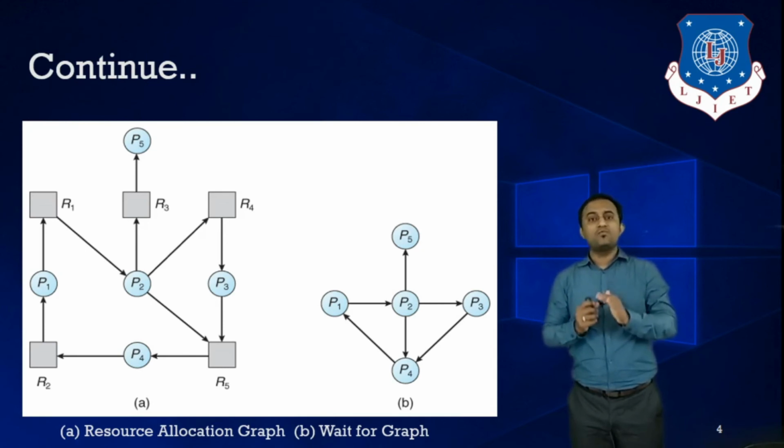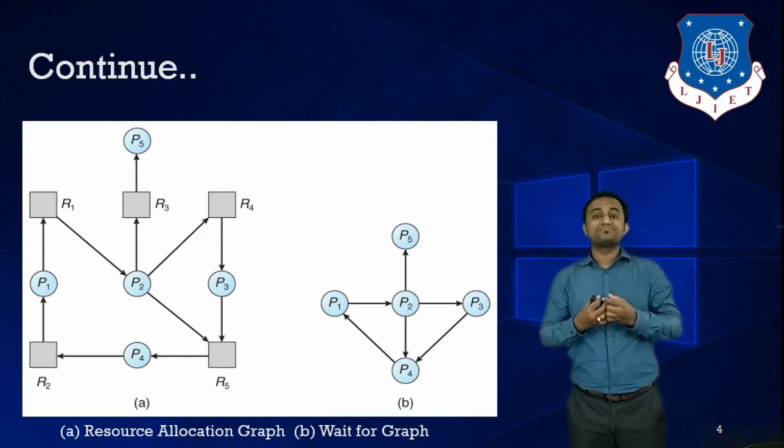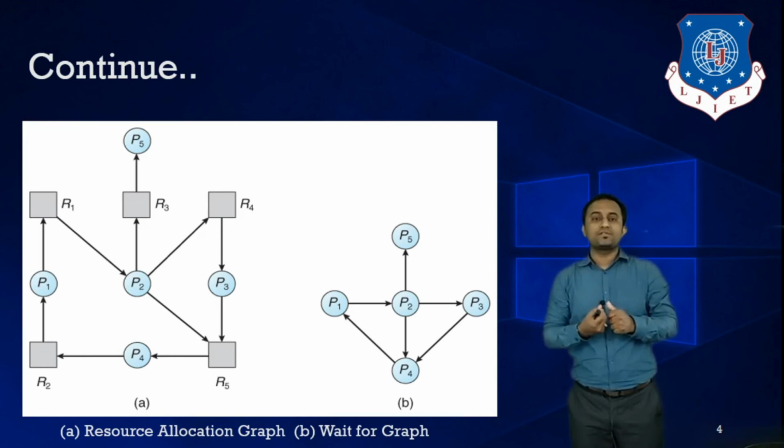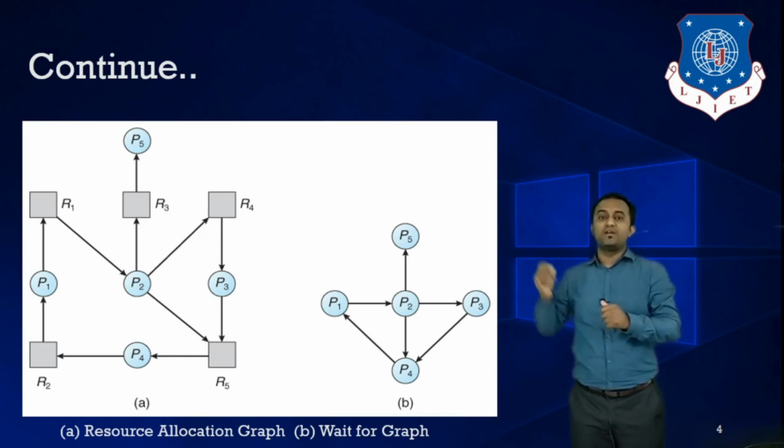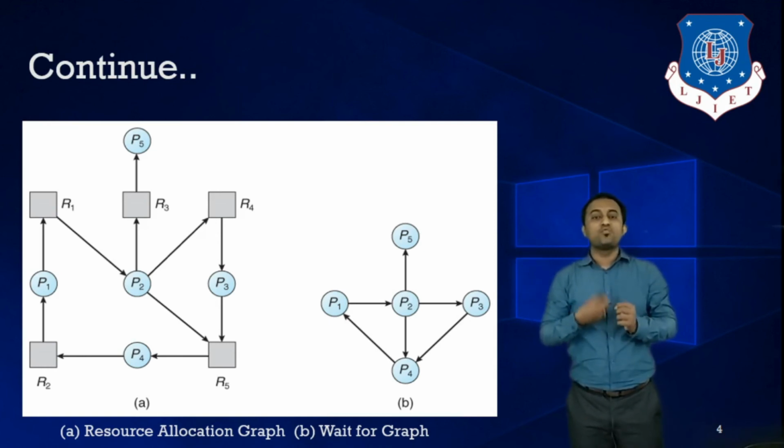How can we convert it? A wait for graph is a special type of graph, as I told you, which contains a set of processes and a set of edges. No resources are involved in a wait for graph. Let us discuss in this figure how we can convert it.